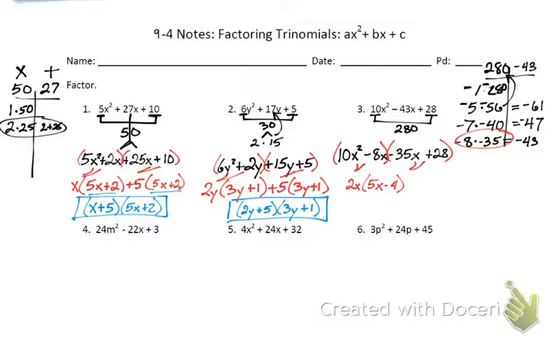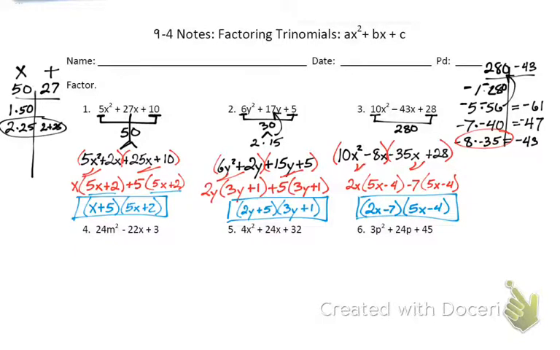Second group, careful here, you're going to need to take out a negative 7, leaving you with 5x minus 4 also. Good. So now our final answer here, 2x minus 7 times 5x minus 4. Done.